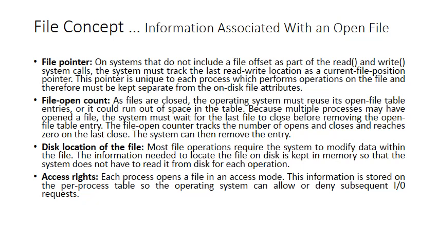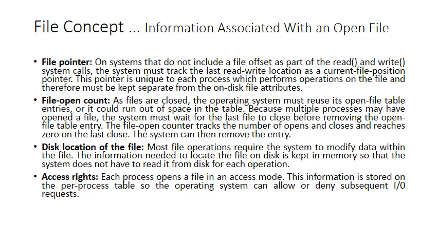Because multiple processes may have opened a file, the system must wait for the last file to close before removing the open file table entry. So the file open counter tracks the number of opens and closes and reaches 0 on the last close. The system can then remove the entry.